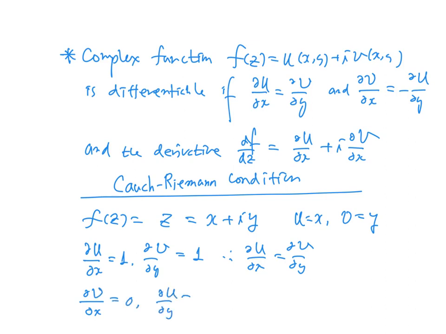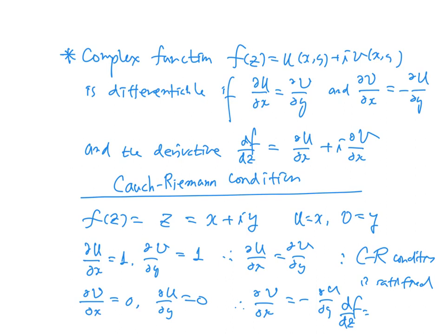Partial u over partial y is 0, right? So 0 is 0, so partial v over partial x is minus partial u over partial y. So the Cauchy-Riemann condition is satisfied. And df/dz is partial u over partial x plus i partial v over partial x, which is equal to 1, right? So this function is differentiable.